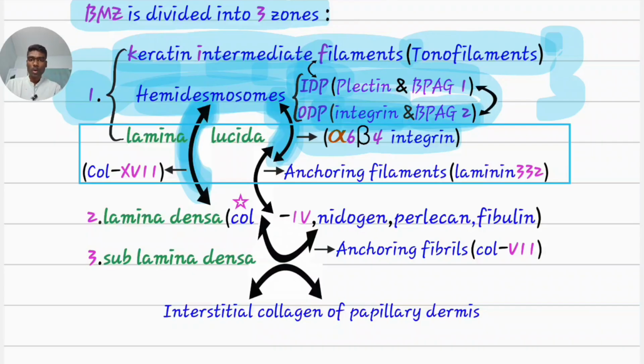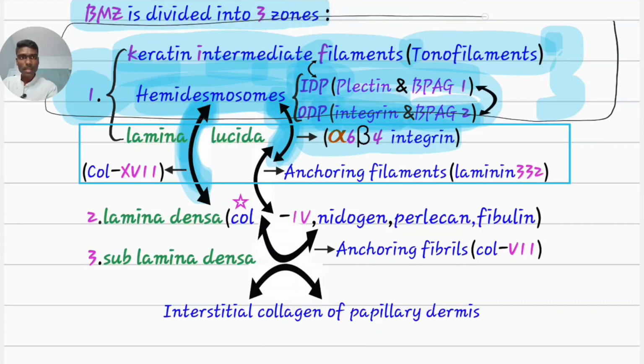As the outer dense plaque of the hemidesmosome is a transmembrane structure, which means it will cross the plasma membrane of the basal keratinocyte. Think of this as the basal keratinocyte plasma membrane. You can see two arrow marks crossing the plasma membrane, representing the transmembrane nature of the proteins. From the outer dense plaque, two structures enter the lamina lucida.